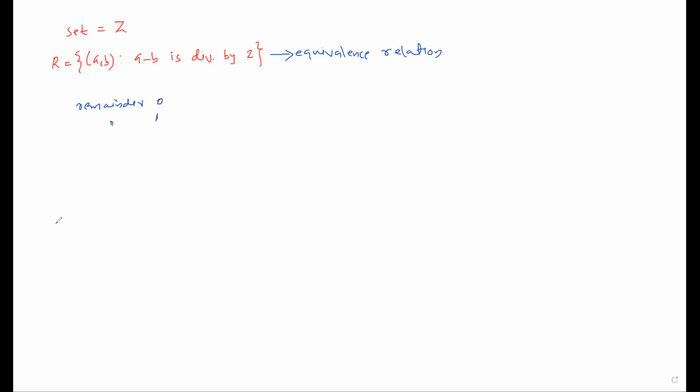Remainder 0 मतलब it is 2, 4, 6, 8, etc. Either minus 2, 0, minus 4, minus 6, etc. Remainder 1 matlab we'll get a set 1, 3, 5, 7, 9, etc. Similarly, minus 1, minus 3, minus 5, etc.